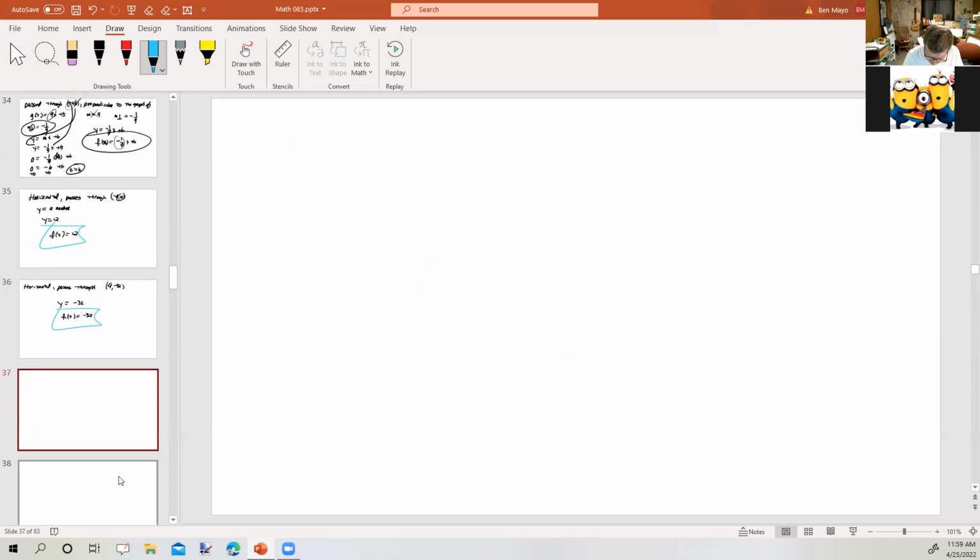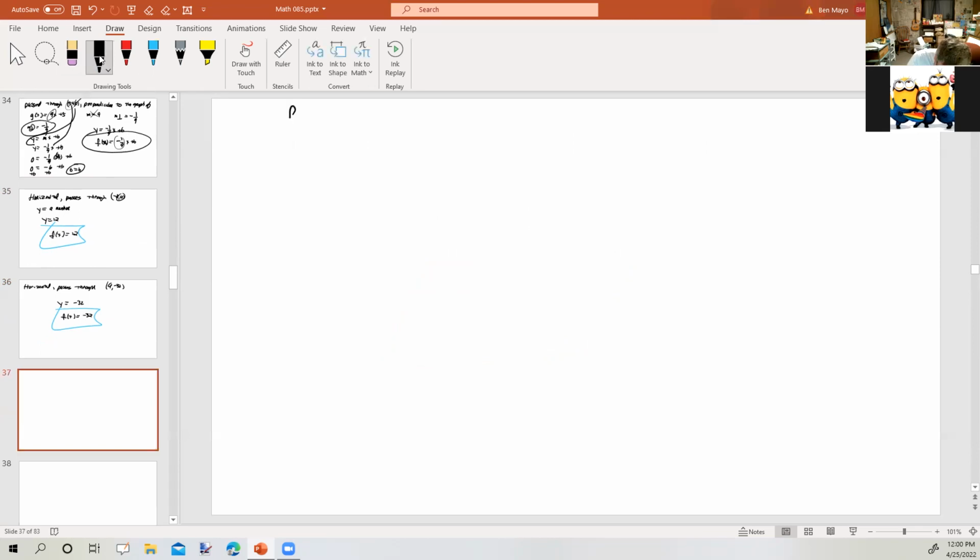All right, we're going to look at a story problem. It says the following. Nurses. The demand for full-time registered nurses in the United States can be modeled by a linear function.